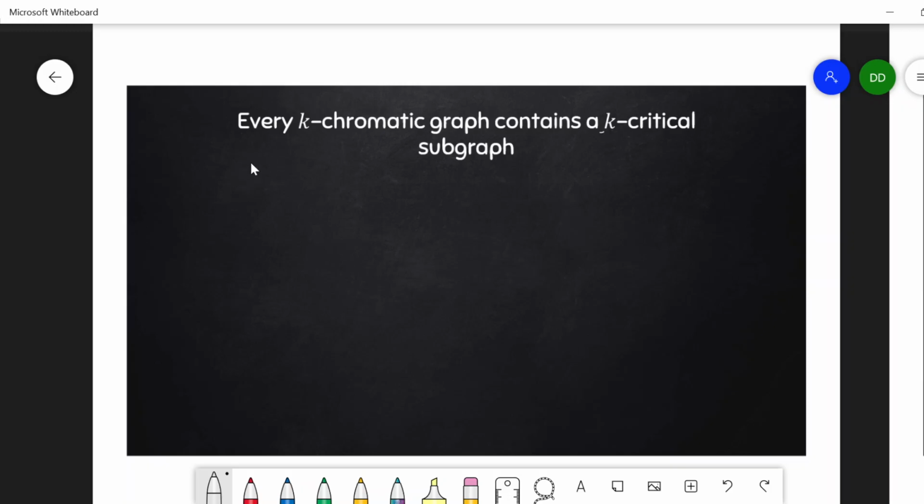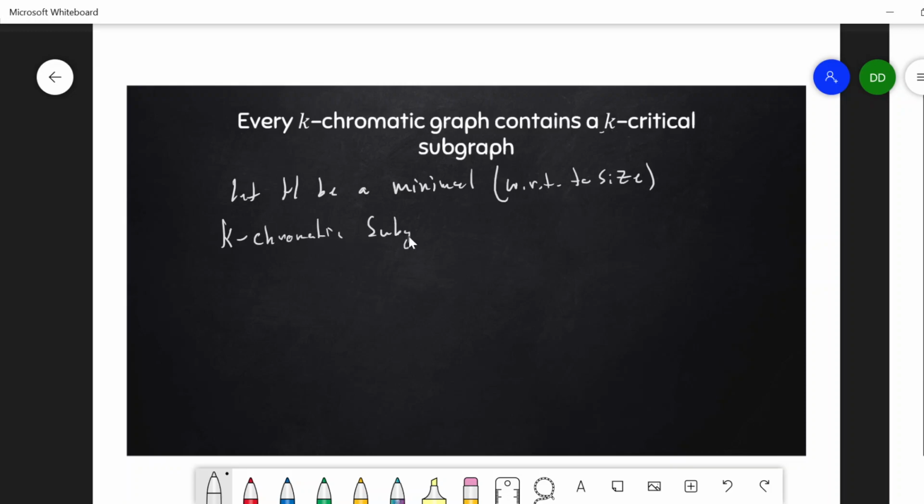And so what we're really saying here is, let H be a minimal, with respect to size, k-chromatic subgraph of graph G with no isolated vertices.